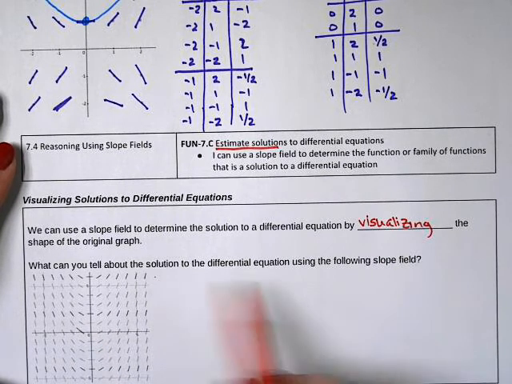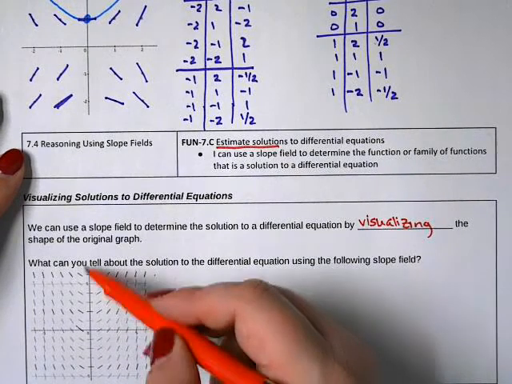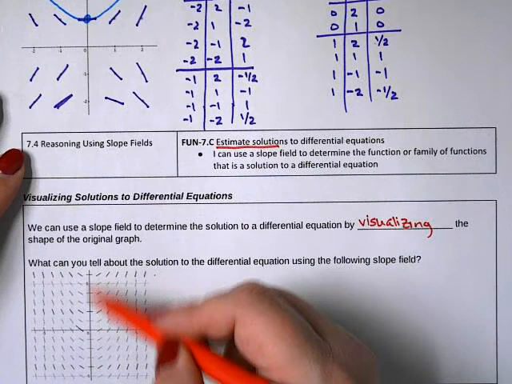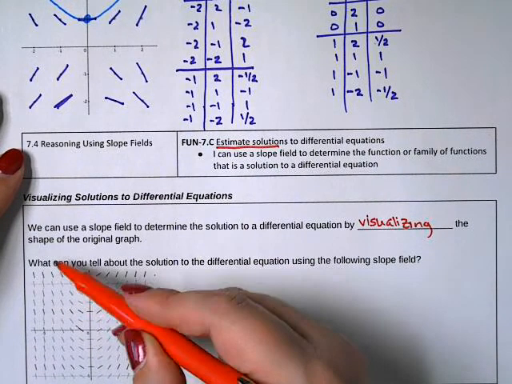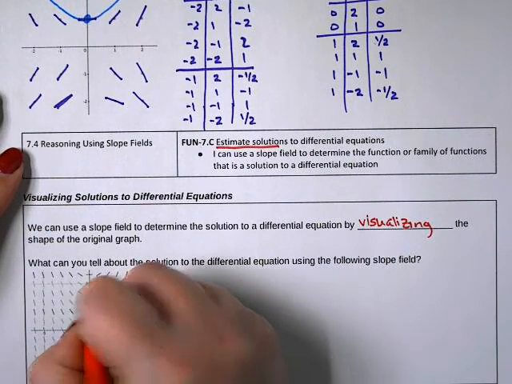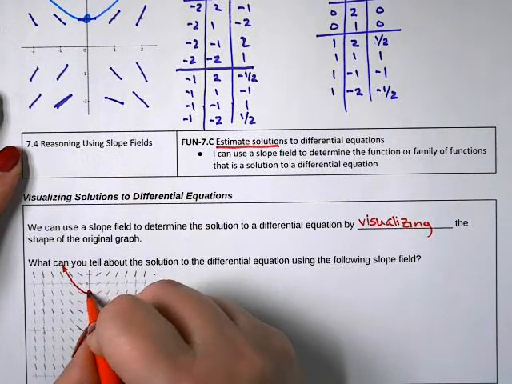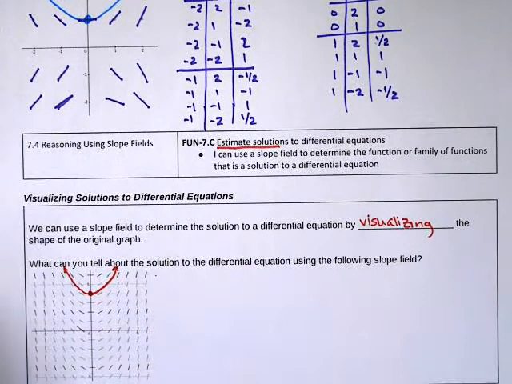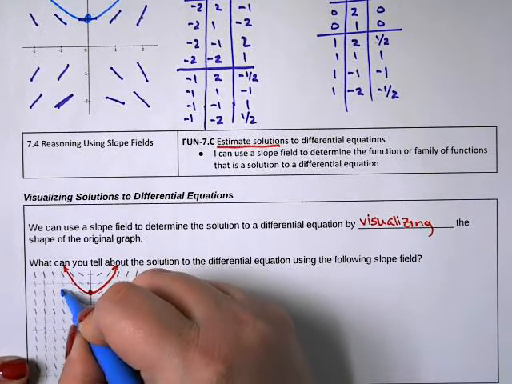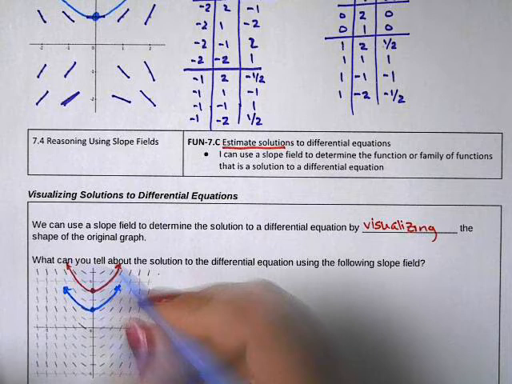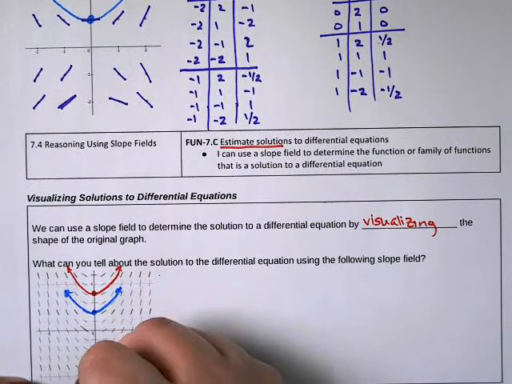So what can you tell about the solution to the differential equation using this slope field? Well, I can tell that everything here along the y-axis has a slope of 0. And on either side of it, it looks like the function would be going up towards infinity. So for example, I could say I have a solution right here that looks like this. Or I could maybe have one that starts down here and goes up like this. Or I could even have one that's much farther down here.